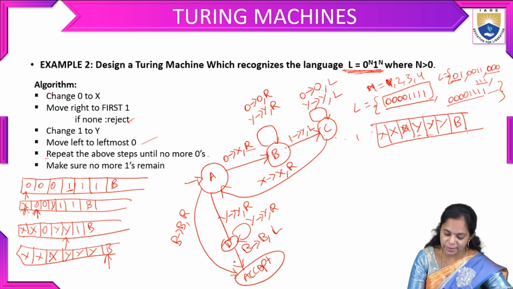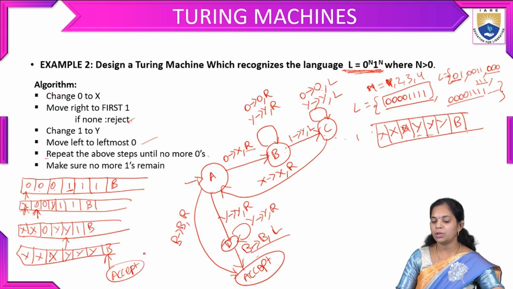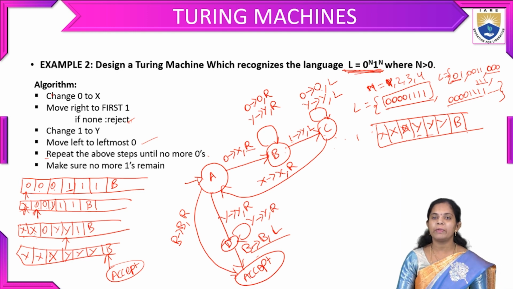So here the blank symbol is reached, so we have to accept the string. So like this we have designed the Turing machine for the language 0 power n 1 power n.